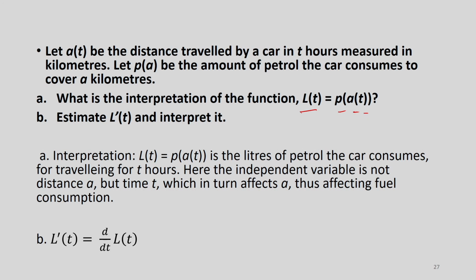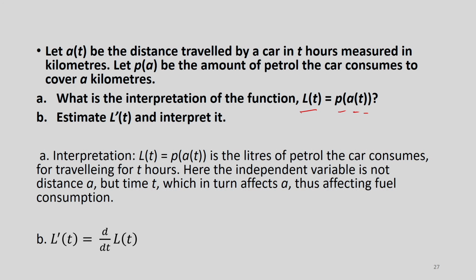So, P is the petrol consumed, and obviously P will be a function of A. Both A and P will be increasing functions. We have to find the interpretation of the function L, which is defined as P of A of t.